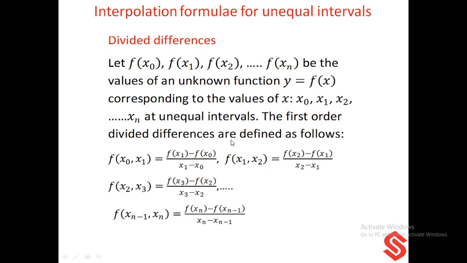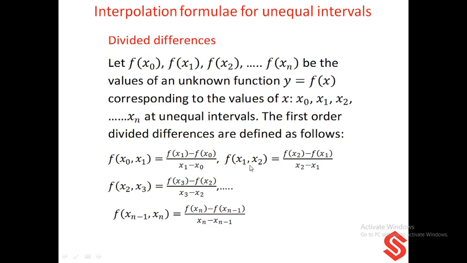The first order divided differences are defined as follows. f(x0, x1) = (f(x1) - f(x0)) / (x1 - x0). Here f(x0, x1) is not a function, it is the notation to represent the first order divided difference of x0 and x1.